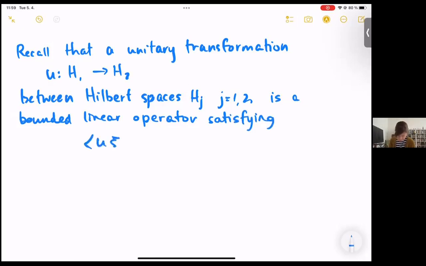So we want that U psi 1, U psi 2, that's in H2, this should be the same as psi 1, psi 2, inner product in H1.